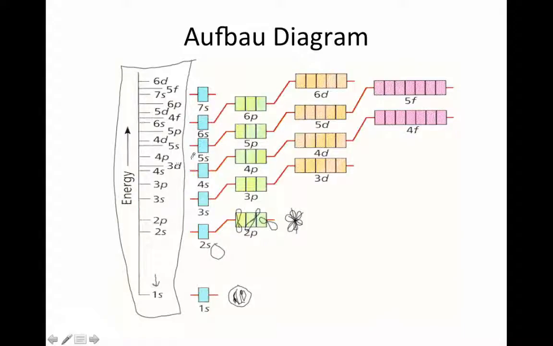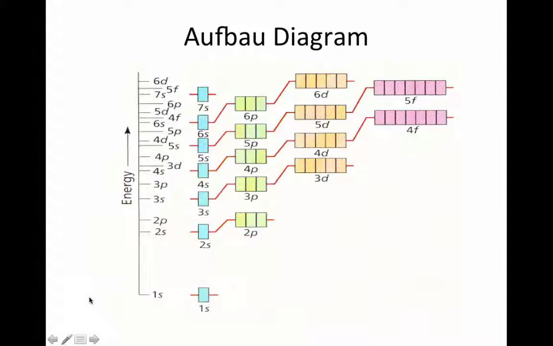In this case, the analogy is that the pigs represent electrons. At the 3D energy level, there are 5 rooms. So I am just going to clear the screen and come back to this.